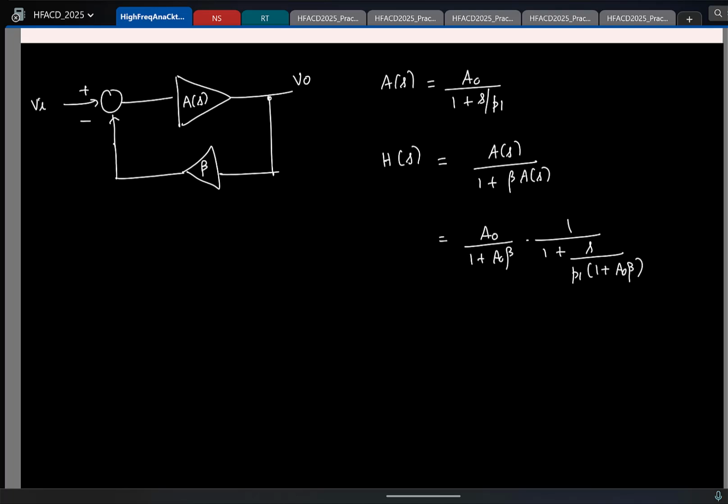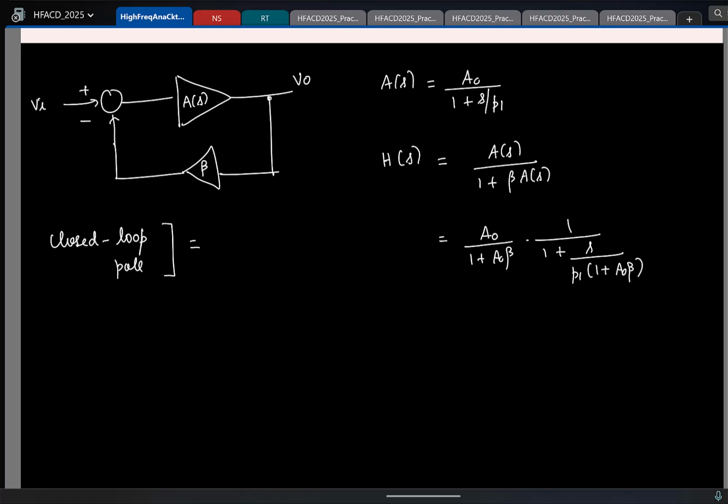Yes or no? Yes. And do you think this can go to right half plane? What is the closed loop pole? Let me write it clear. From here, what is the closed loop pole? P1 into 1 plus A0 beta.